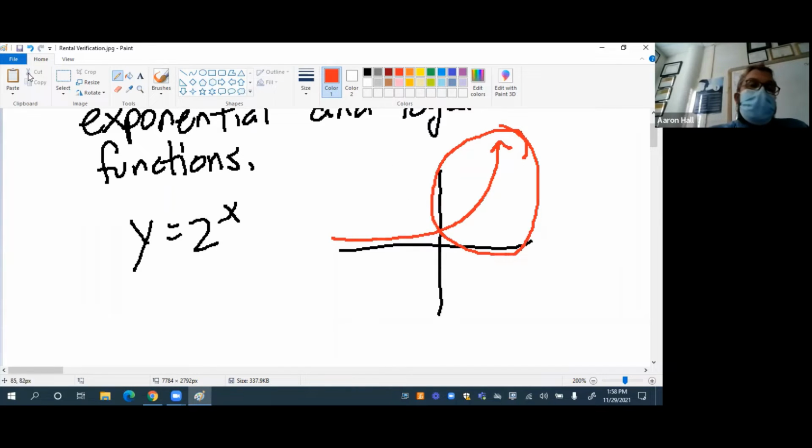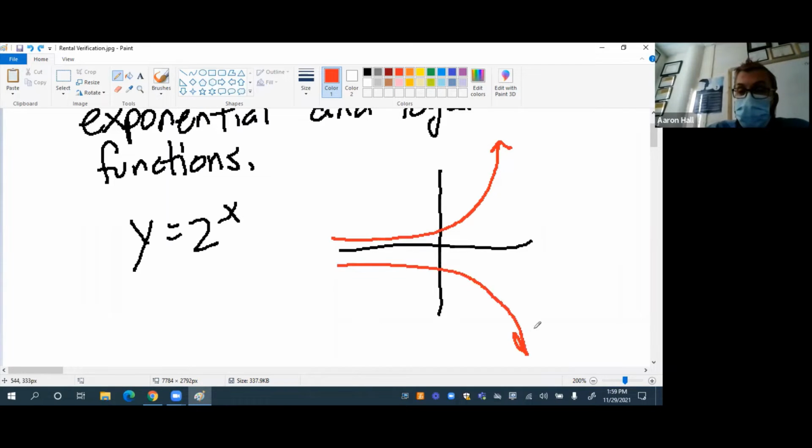Yeah, exactly. So one side shoots off to infinity or negative infinity, because this is also exponential. And the other side we have a horizontal asymptote. We have convergence on some horizontal line. So I don't know if that's helpful to write out.